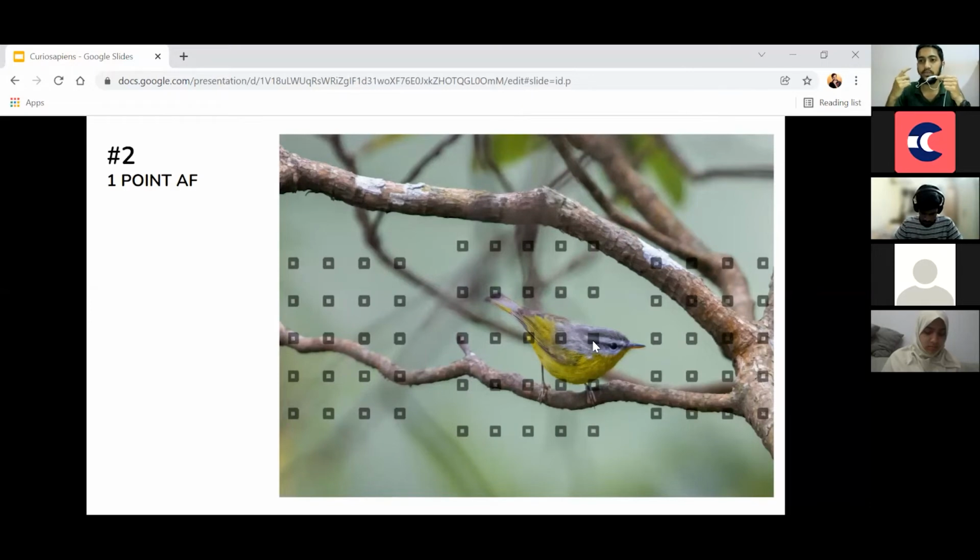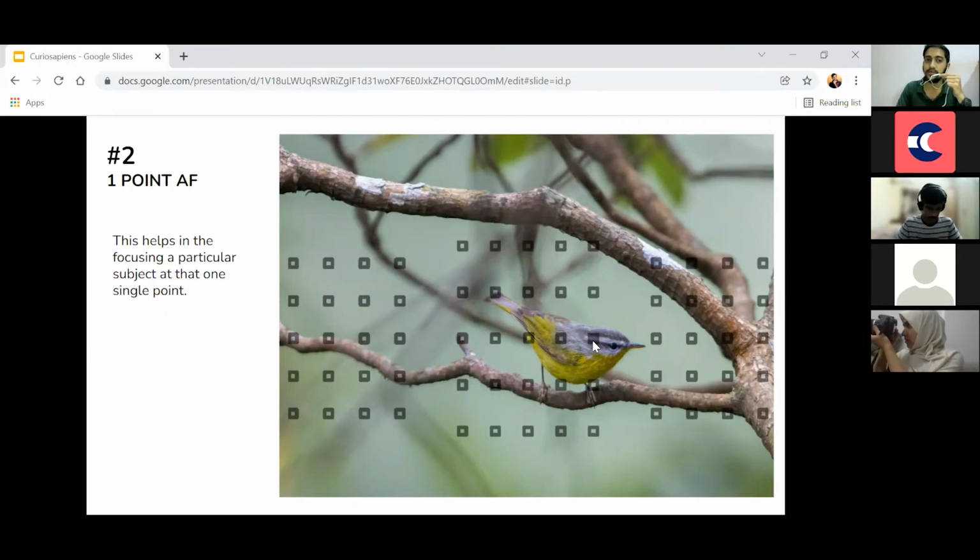This is called one point focus. When you click on the focusing button and look into the viewfinder, you will see all 9 points, and using the up, down, left and right arrows you can move the focusing point, focus the subject and compose accordingly.